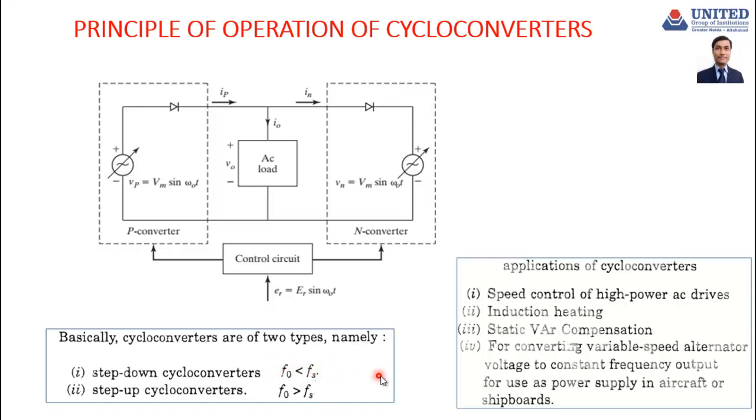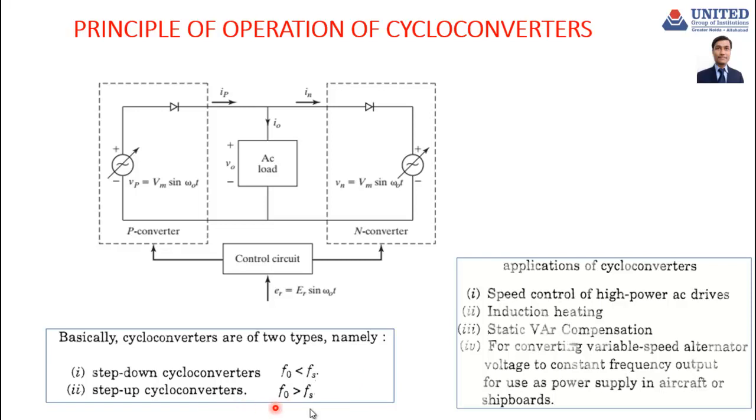The step down cycloconverters are naturally commutated and output frequency is limited to a value that is a fraction of input frequency. Therefore, these types of cycloconverters are commonly used in low speed AC motor drives, generally up to 15 megawatt, with frequency varying from 0 to 20 hertz.